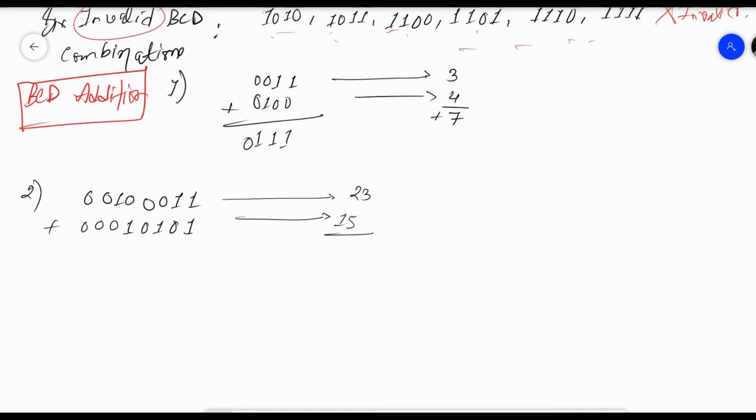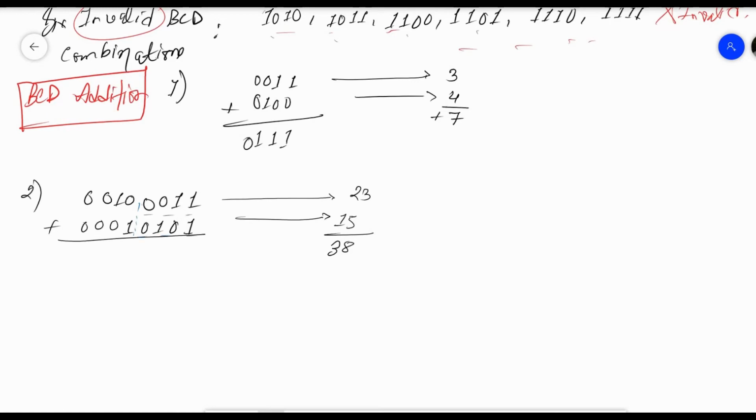So if we add 15 and 23 together, we get 38. Now for BCD, we know that we have to take four separate bits, so we separate them before we perform the addition.